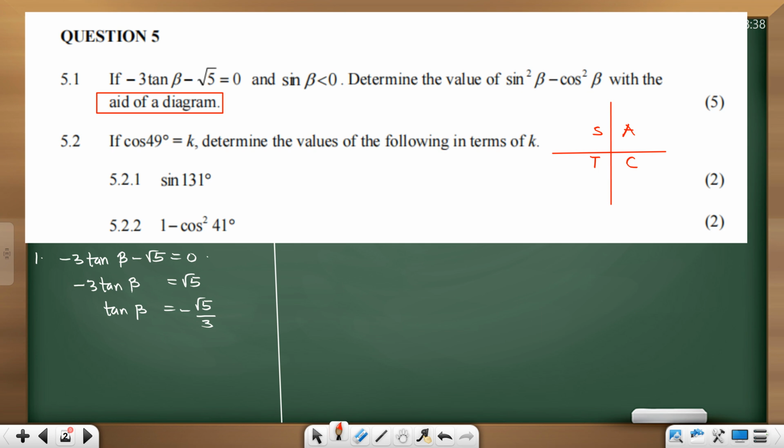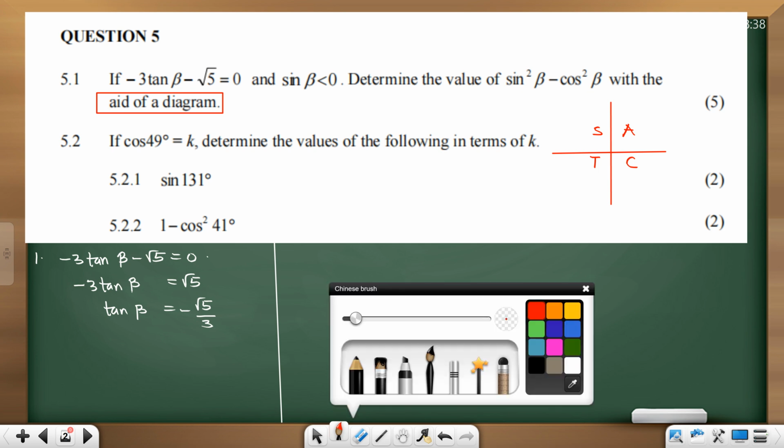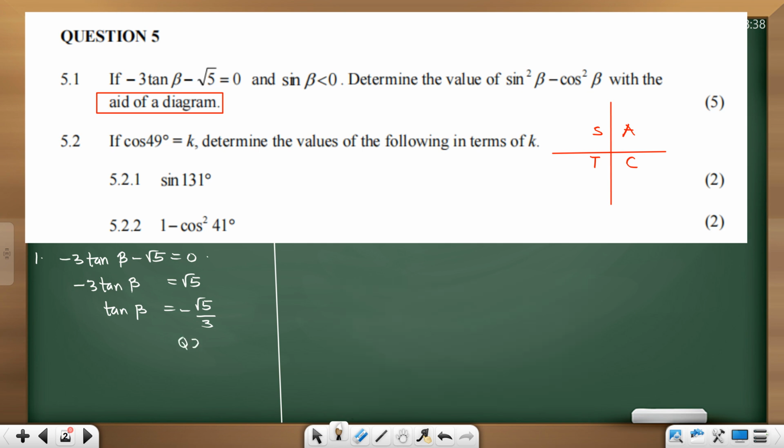So I am seeing tan as negative. Where is tan negative? It's quadrant 2. So tan is negative in quadrant 2 and quadrant number 4. That's the first information I'm able to retrieve from that whole thing.